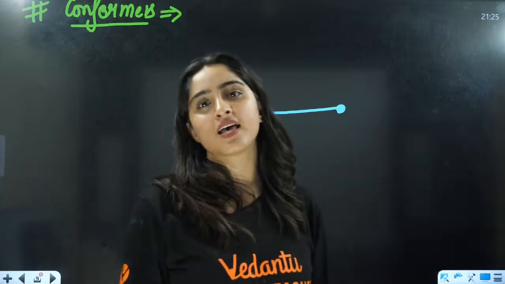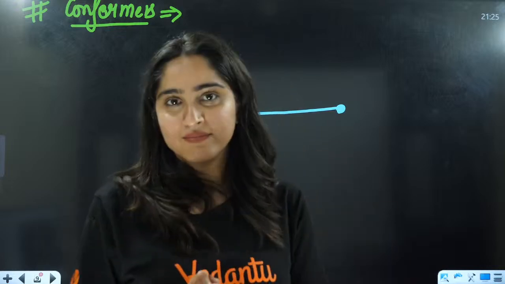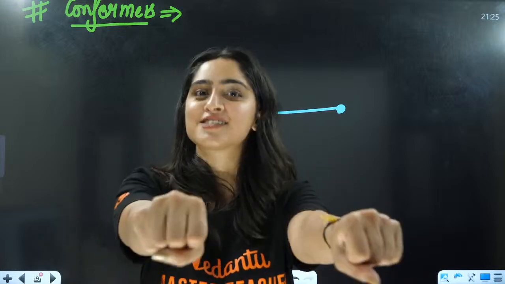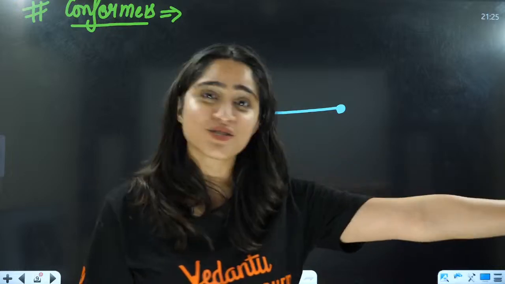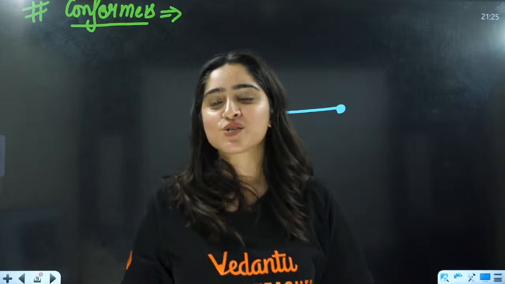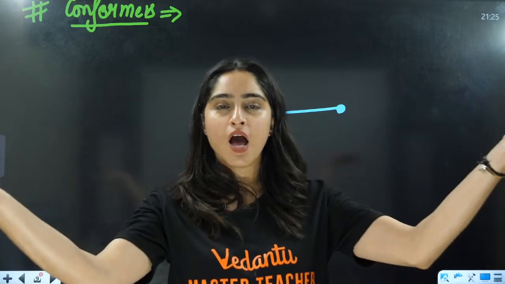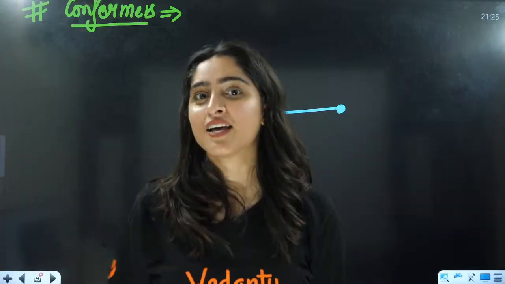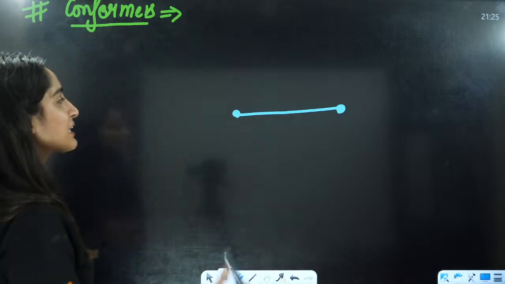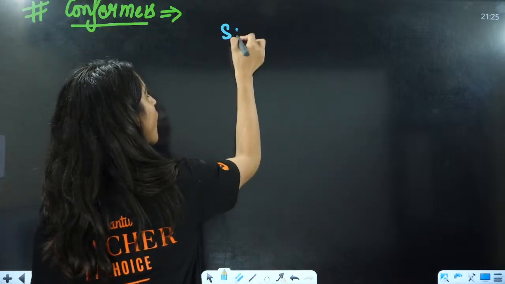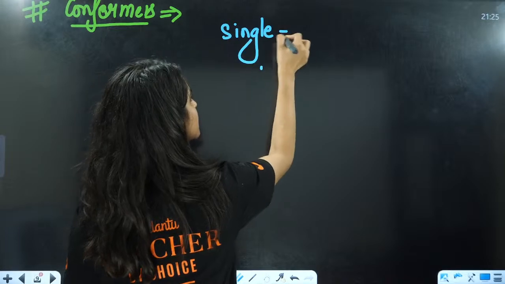So this means when you are not single, there is restriction, but when you are single, there is no restriction, right? This is what happens in our real life. When you are single, there is no restriction, but when you are double, there is restriction. So a single bond has no restriction.